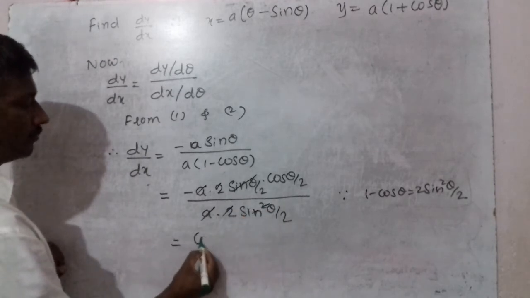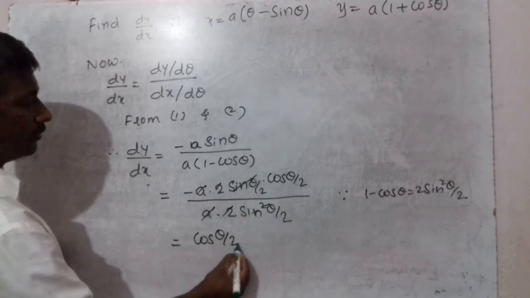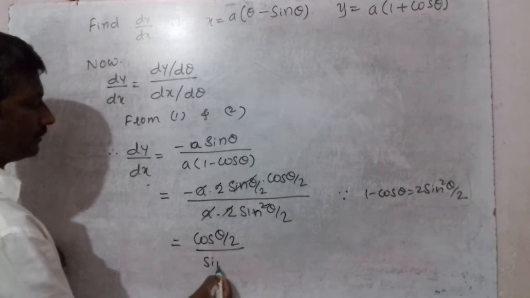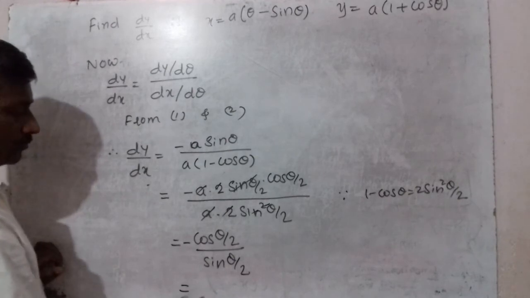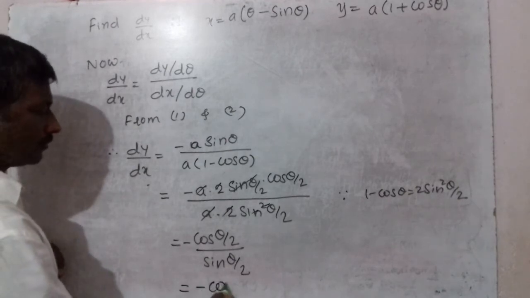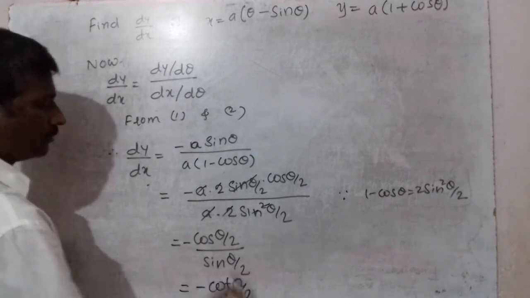So this equals cos theta by 2 over sin theta by 2, with a minus sign. So this equals minus cot theta by 2.